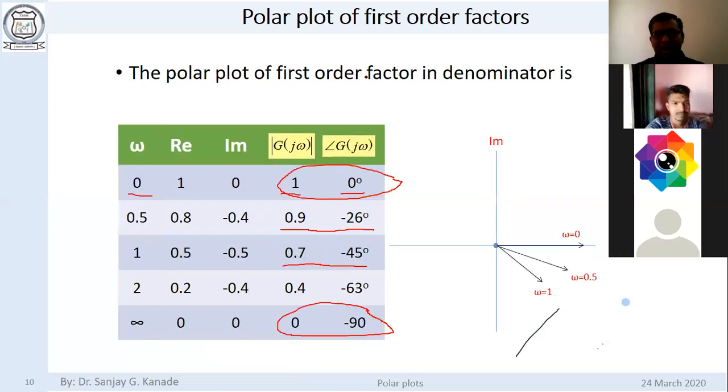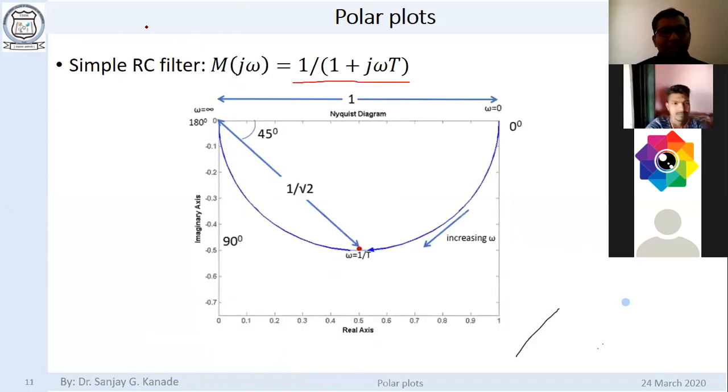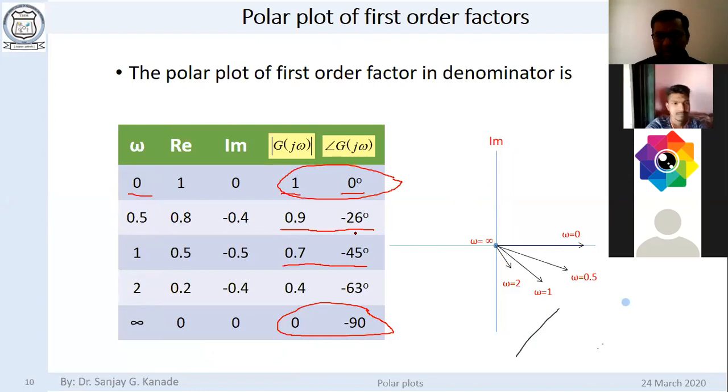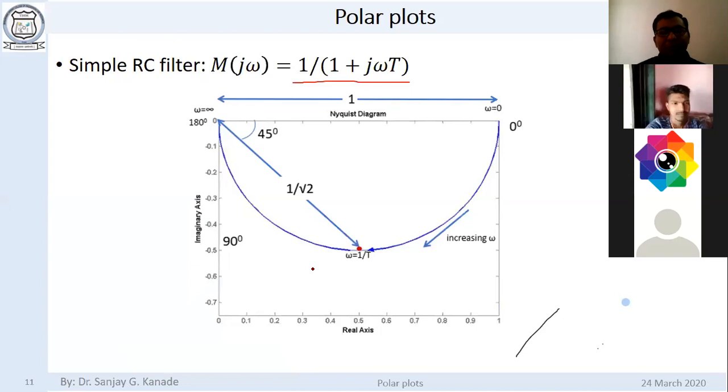So if we want to generalize for a simple RC filter, the generic equation is 1 upon 1 plus j omega T. You can see the plot is the same, right? At angle 45, the length was 1 by root 2, that is 0.71, right? We are getting the same things. It is not different. So this is the generalized form of the polar plot.